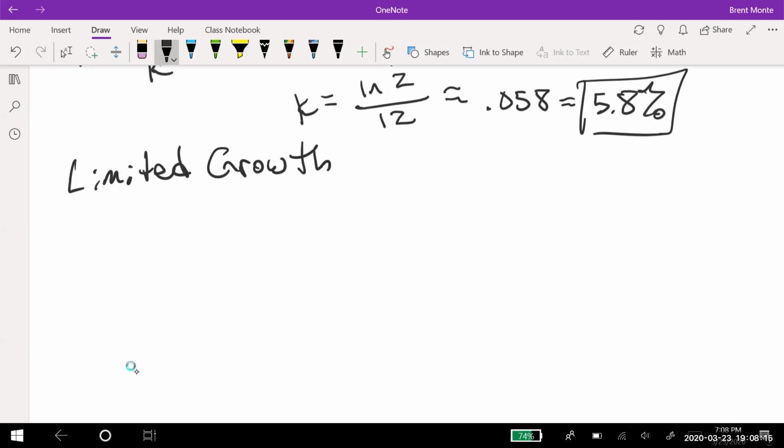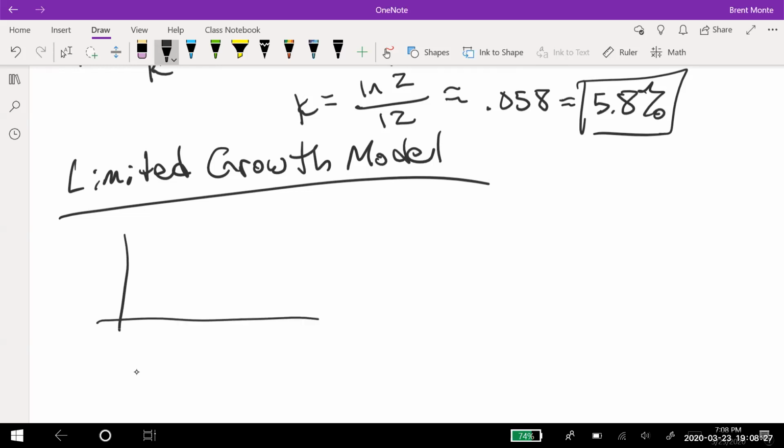Let me show you a picture of what this looks like. So the limited growth model, typically what's going to happen, let's say we have something like this. There's going to be some limit up here, so you can think of it as a horizontal asymptote.